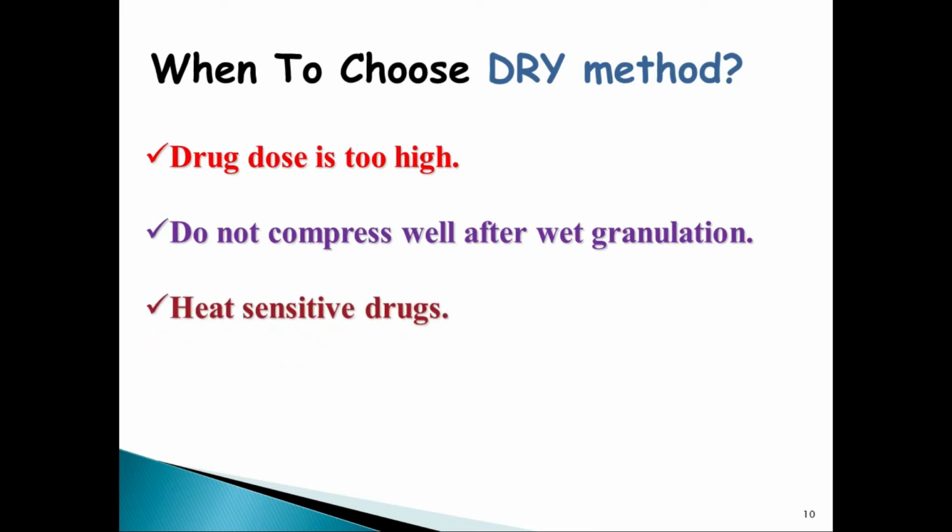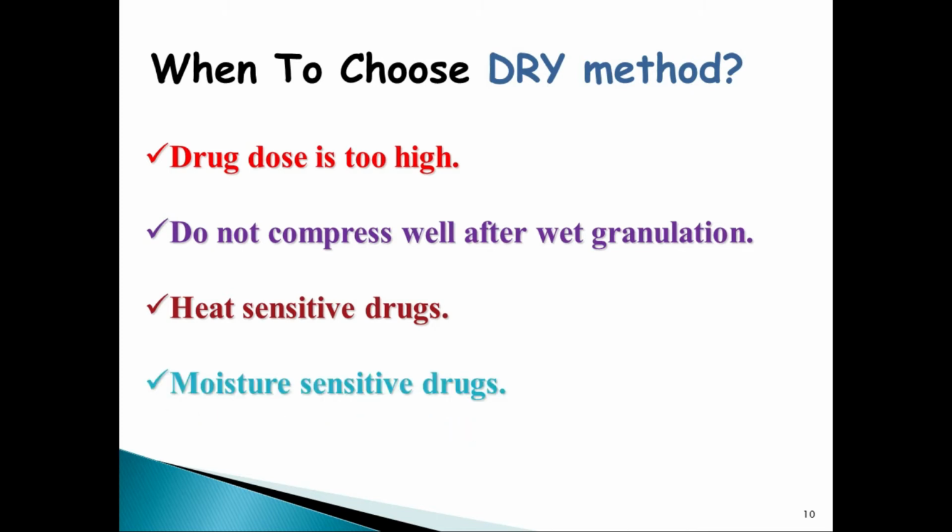Then heat sensitive drug, that is also important. In case of wet granulation, we need to do the drying after wet granulation, so if your drug is very heat sensitive, then that drug will not support the drying after wet granulation. In that case we can choose the dry methods.